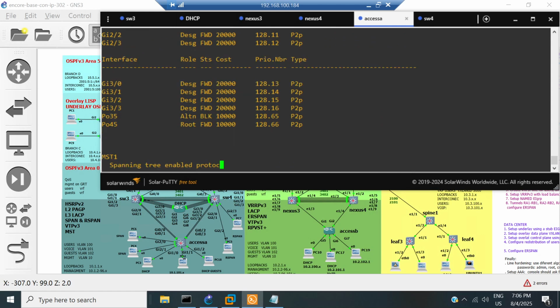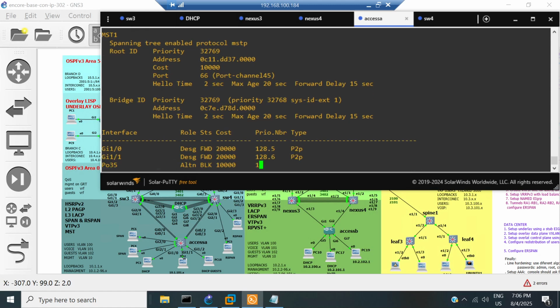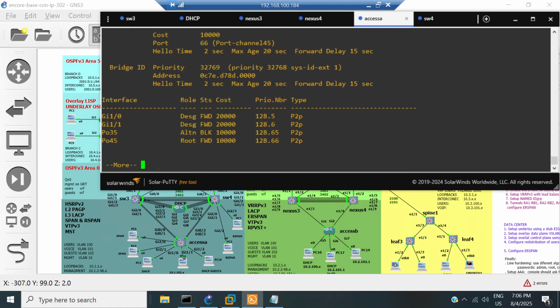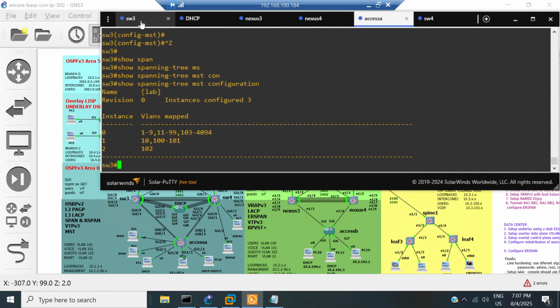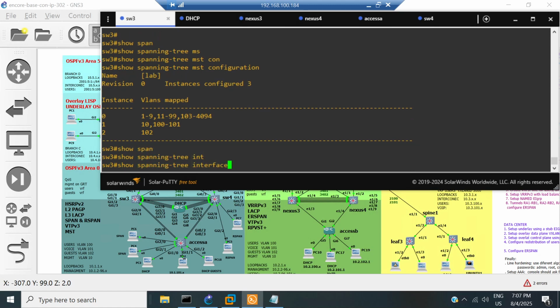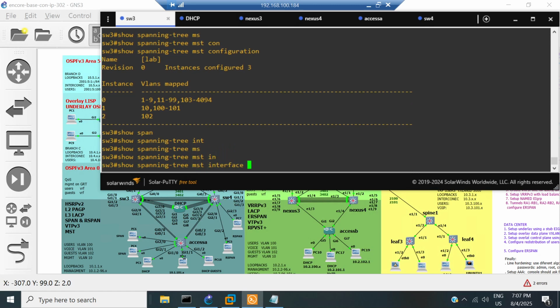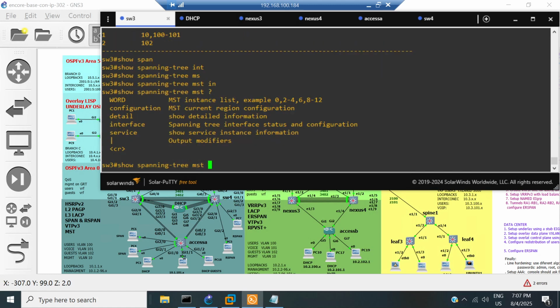So I am interested in instance 1. Instance 1 is blocking the port channel that goes to switch 3. So probably switch 3 is not my root switch for instance 0. So let's see. Show spanning tree MST instance 1.